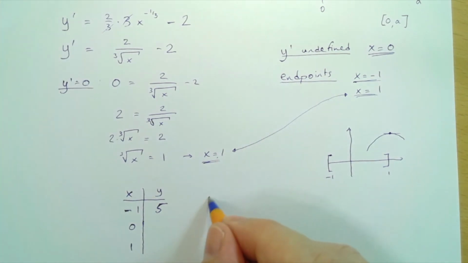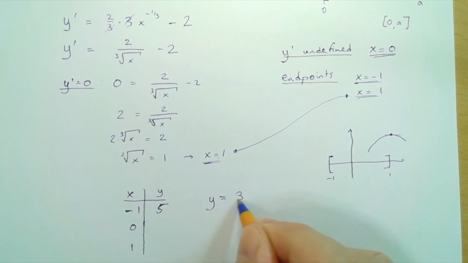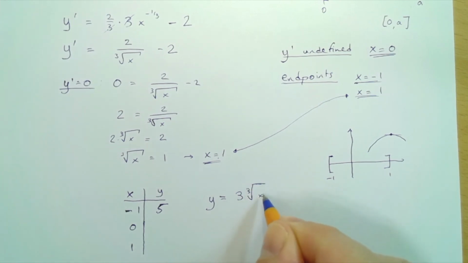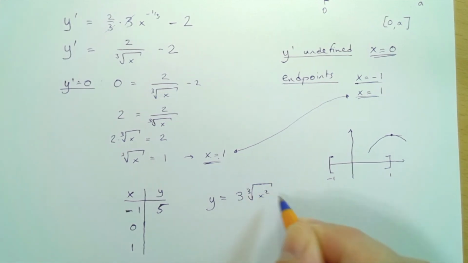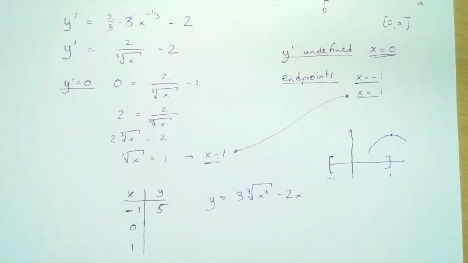Let me rewrite y here. It's going to be easier. There you go. What if x equals 0? 0 squared is 0, the cube root of 0 is 0, so we have 0 minus 0, y equals 0.